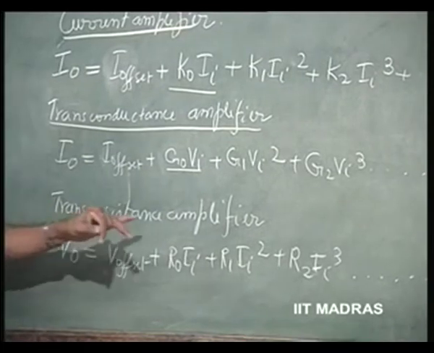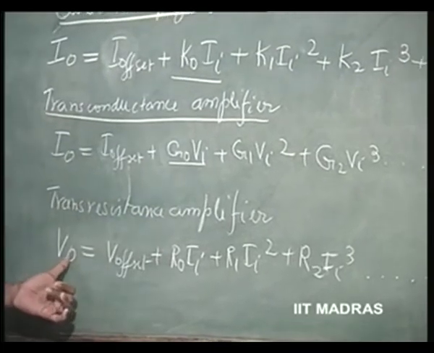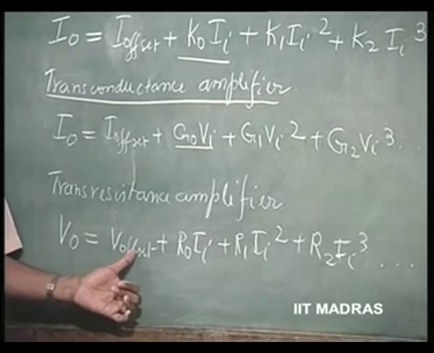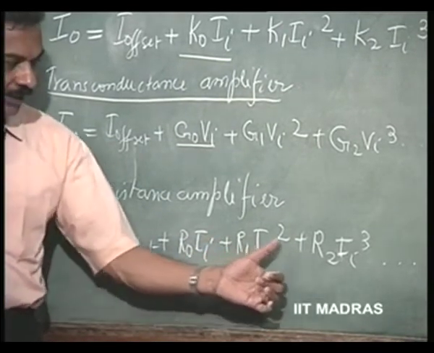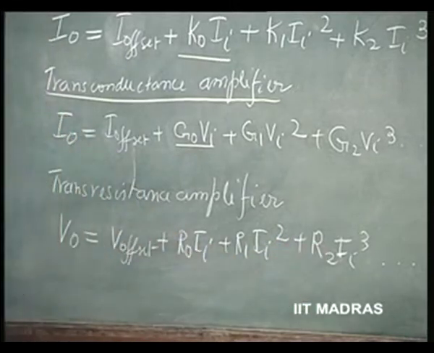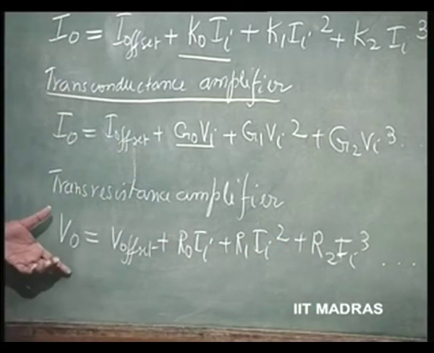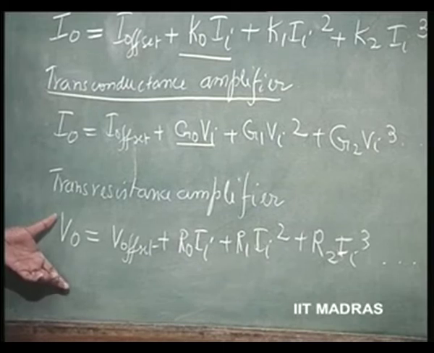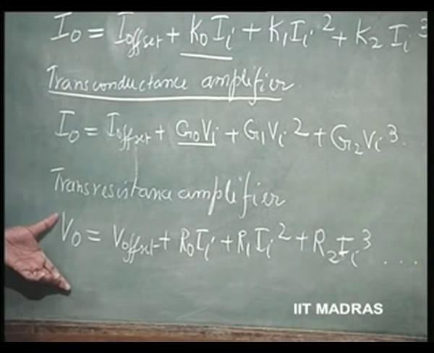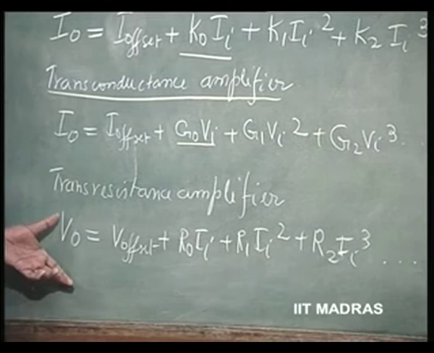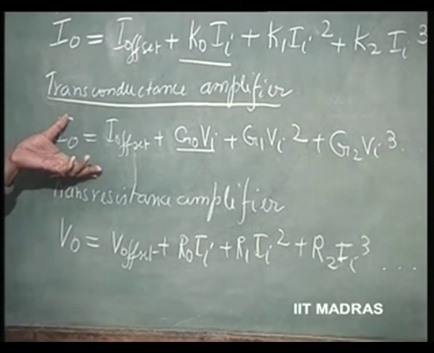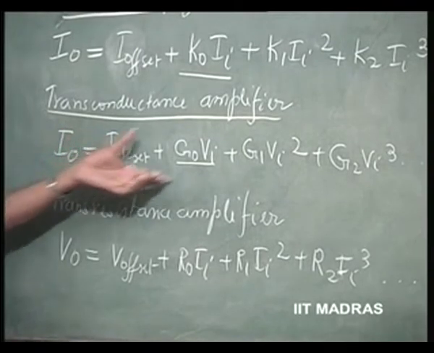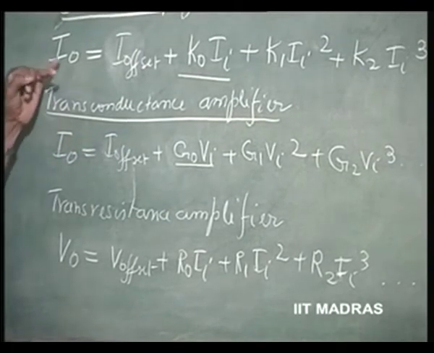Trans resistance amplifier, V naught is equal to V offset plus R naught Ii plus R1 Ii squared plus R2 Ii cubed. Not yet been able to find out a device which is well suited for this kind of amplifier, right. Whereas this, the BJT and FET can very well do the design.